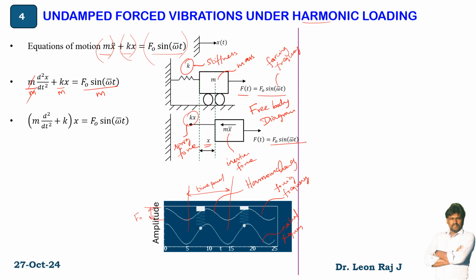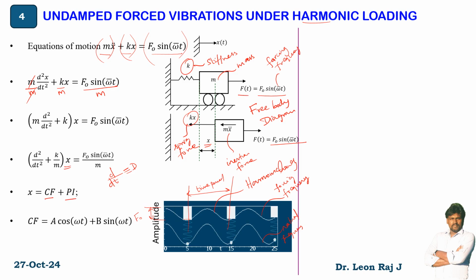Taking the x out of the differential equation, your equation looks like D square plus k by m, into x, equal to F0 sin omega bar t divided by m. The d by dt can be replaced with the operator capital D. The response x is equal to the complementary function plus the particular integral.